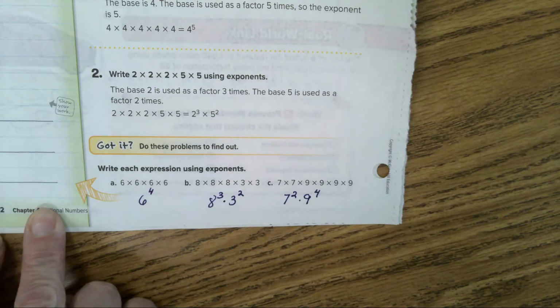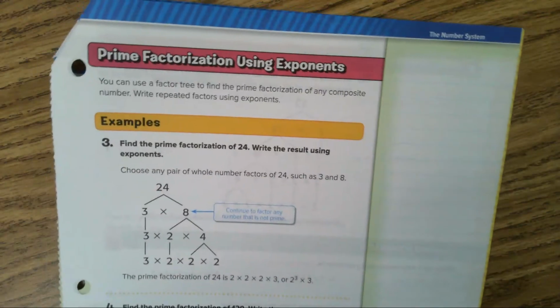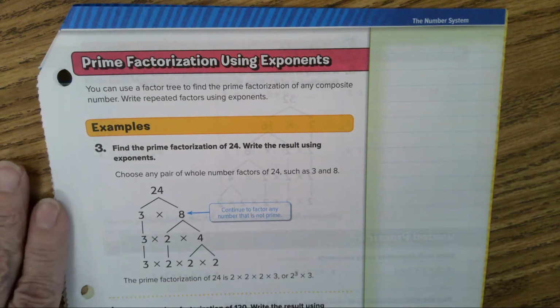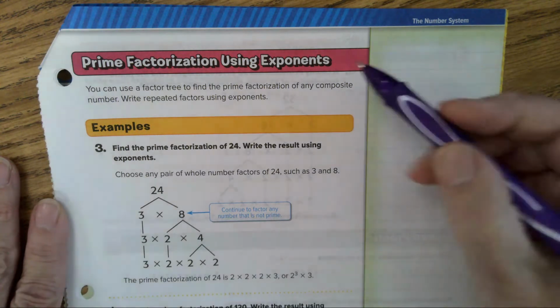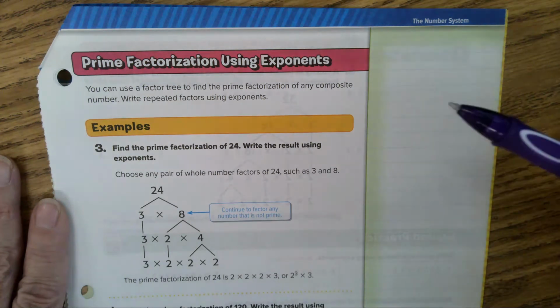Okay, let's go to Example 3. Here we have prime factorizations using exponents. You can use a factor tree to find the prime factorization of any composite number. Write repeated factors using exponents. Now remember, composite numbers have more than 2 factors.